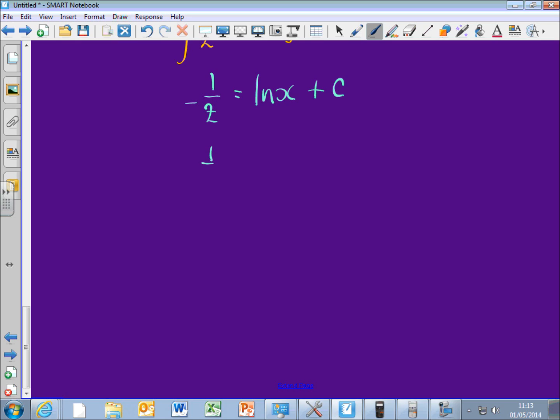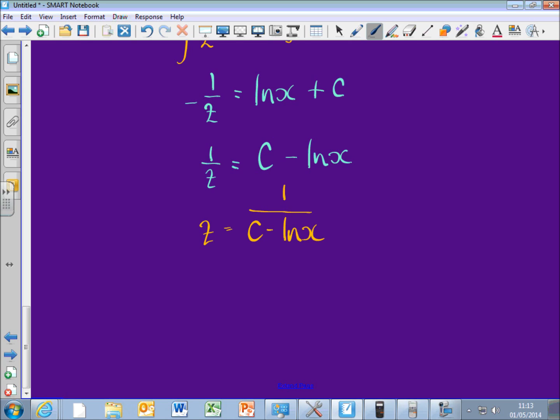So times through by minus 1, minus 1 over z equals ln x plus c, and then how's that? That's the general solution.